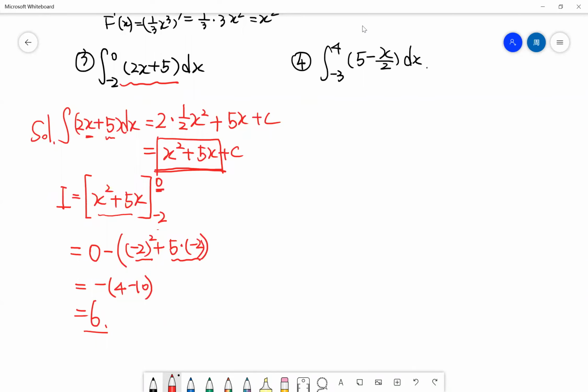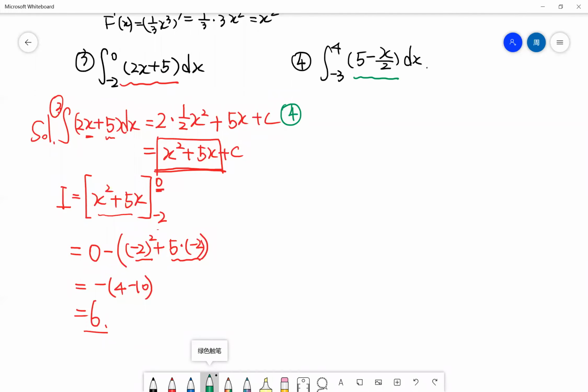Okay, so we will solve number 4 here. This is number 3, and for number 4 I will change the color. Number 4, okay. You are still focused on calculating, right? Number 4, you also first find the antiderivative for this function.